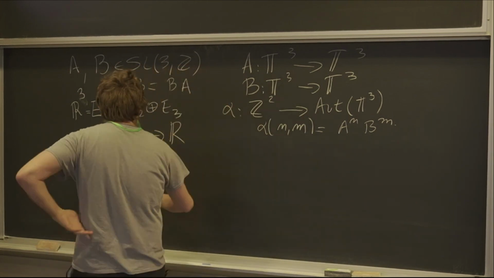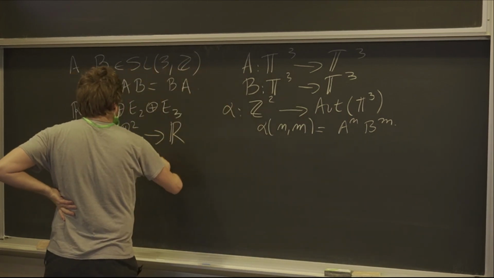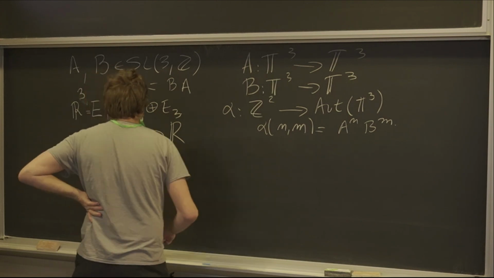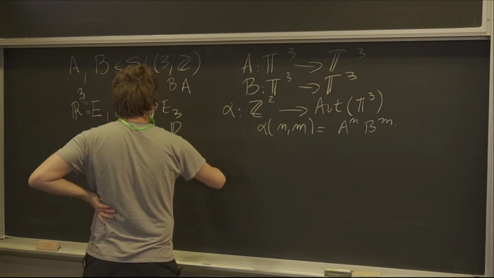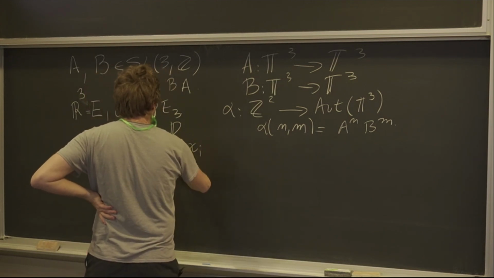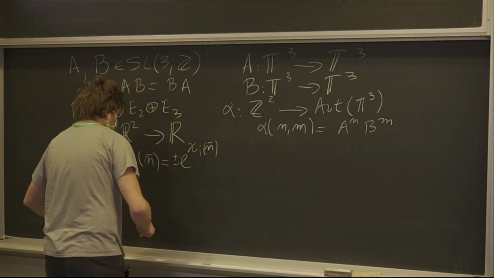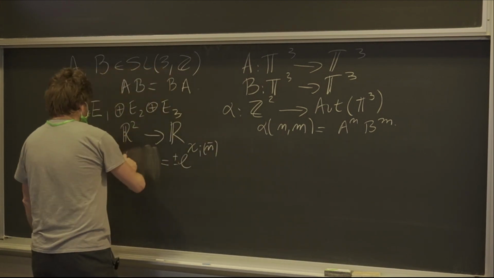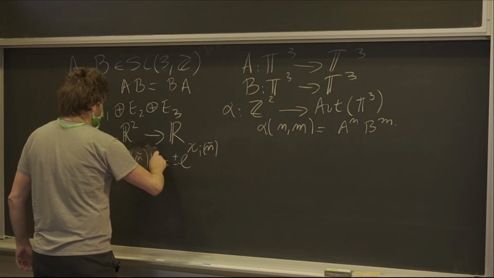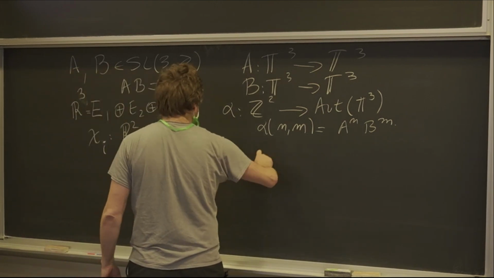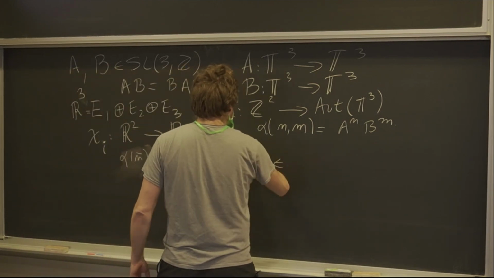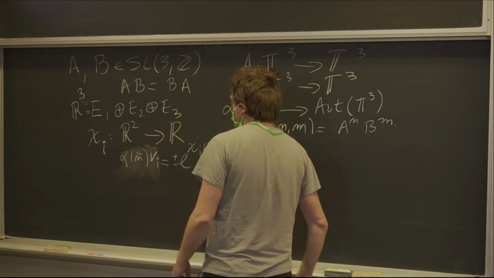So we have that alpha of n acts as e to the chi i of n times v_i, for v_i in this space E_i.